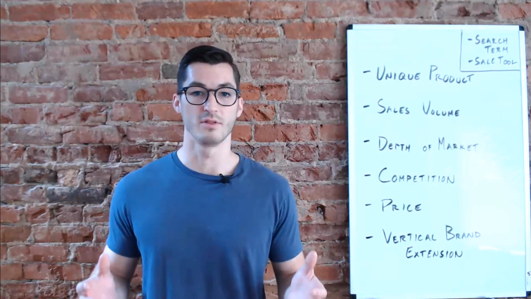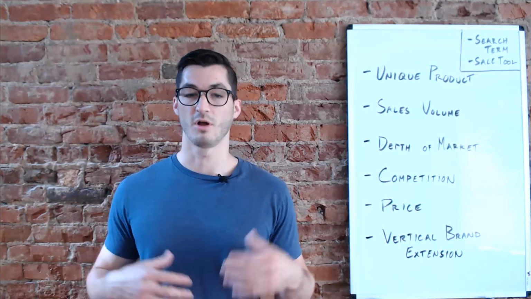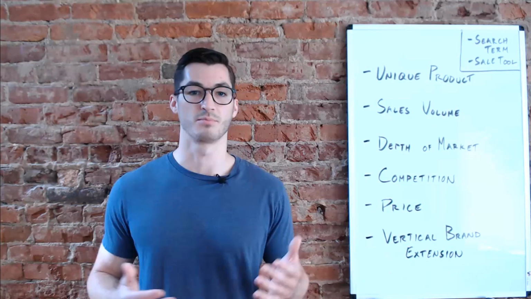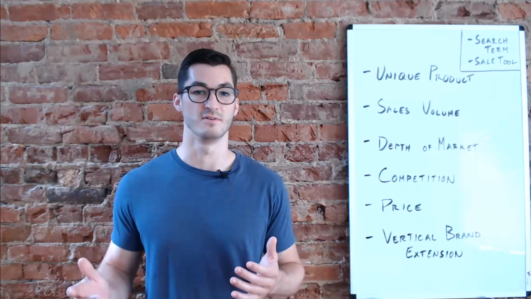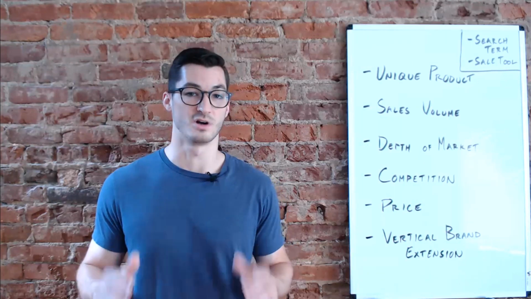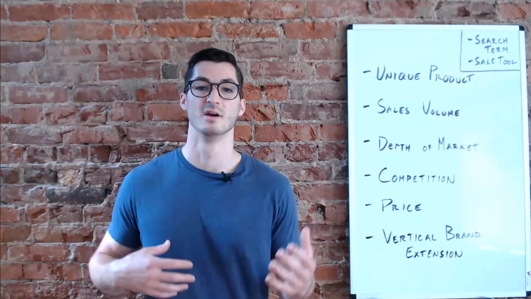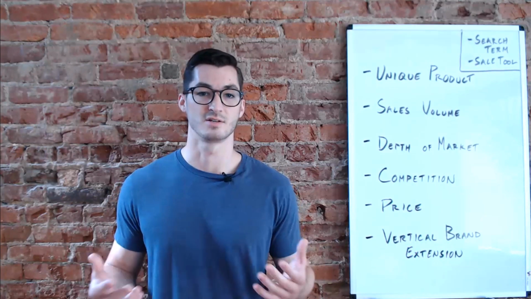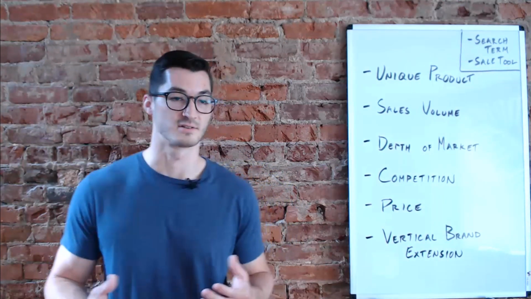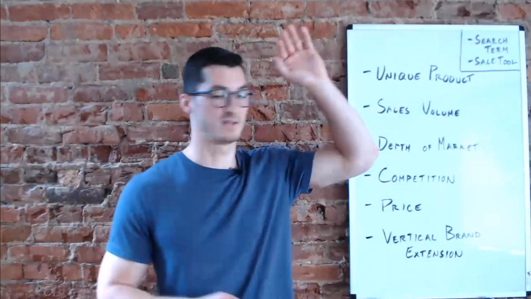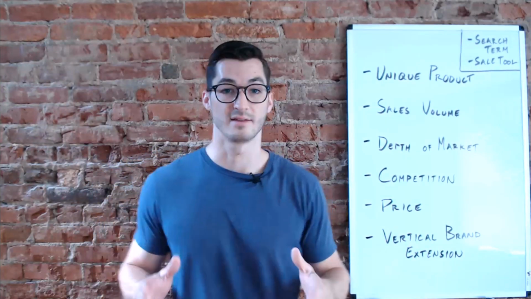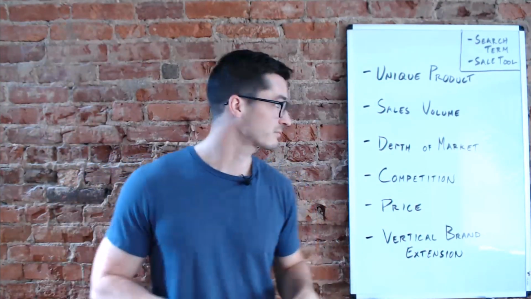There are a couple of other ones out there, and I'll probably do a review comparing the pros and cons of all of those in a future video. But for today, we need a sales data tool to help us do this niche product research a little bit faster. All right, so we got search term and sales data tool out of the way. Now let's jump into the criteria.